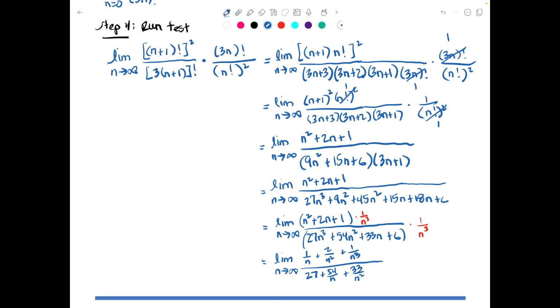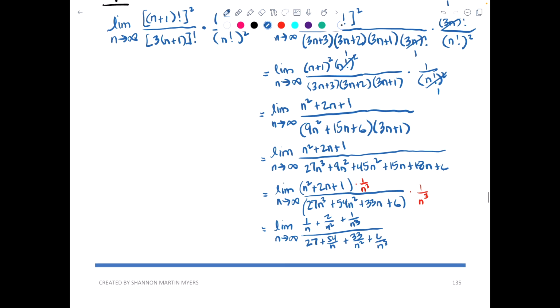It won't change anything. And then plus 6 over n cubed, which is 0.